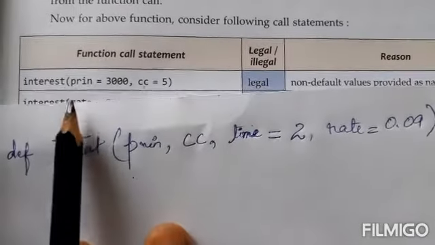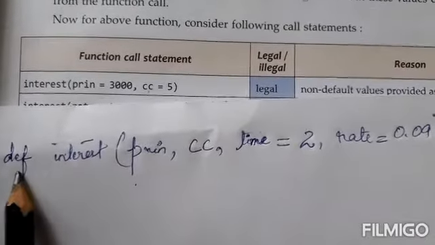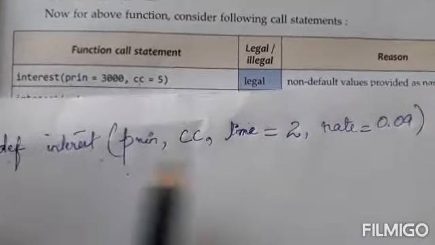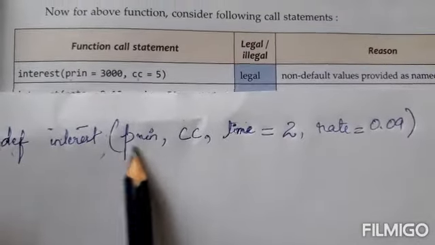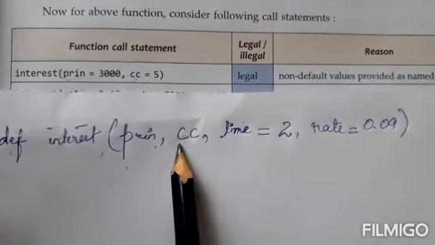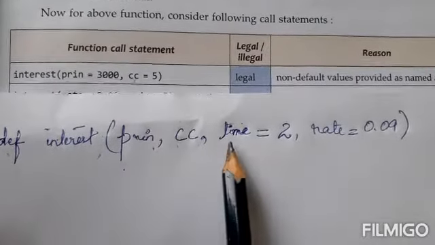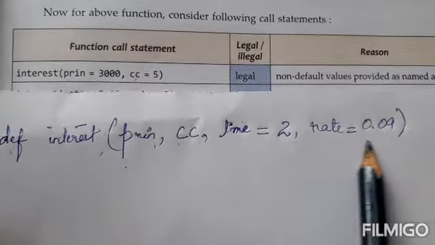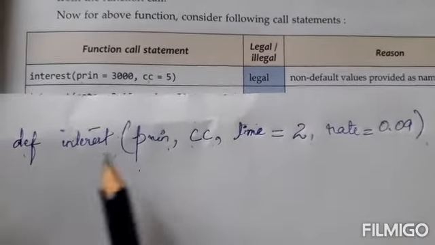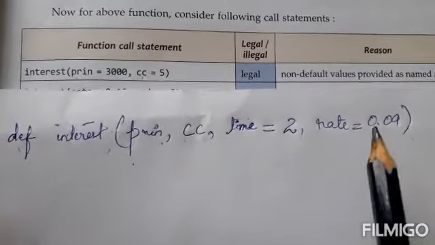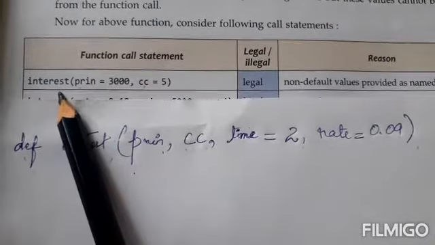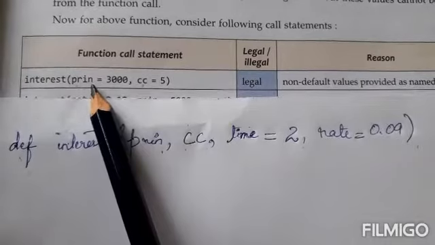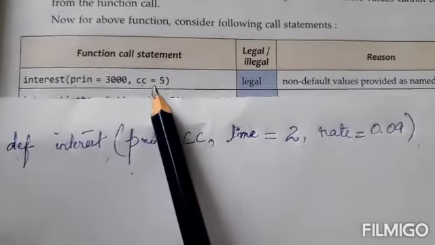This is your function definition, define interest. What your function definition is expecting is PRIN for the principal, then CC, followed by time, followed by rate. This is what your function definition is expecting from the function call. In this case, your function call interest will pass only two values, PRIN and the CC value.